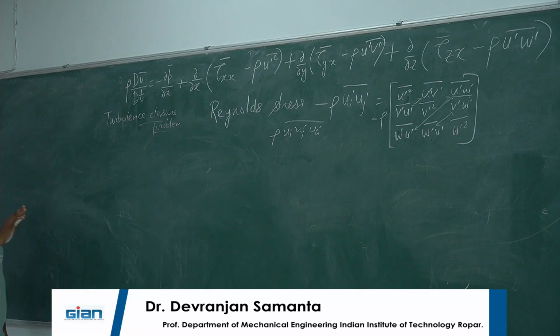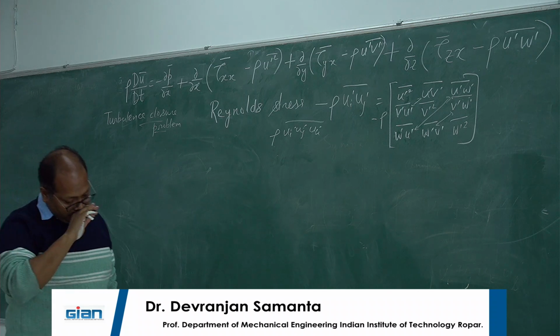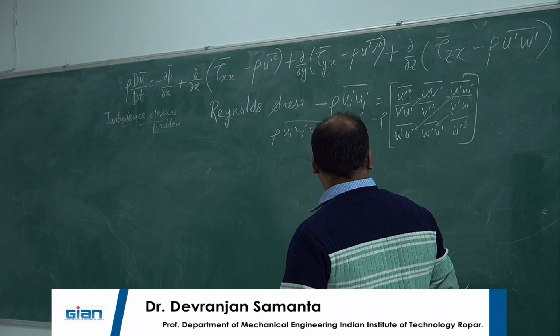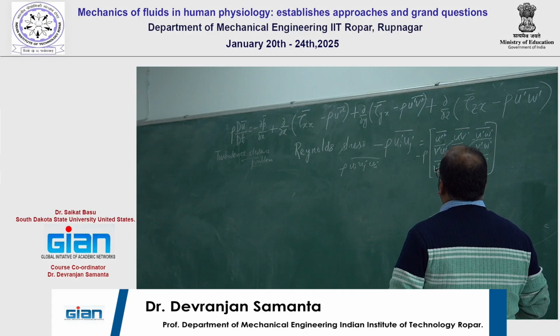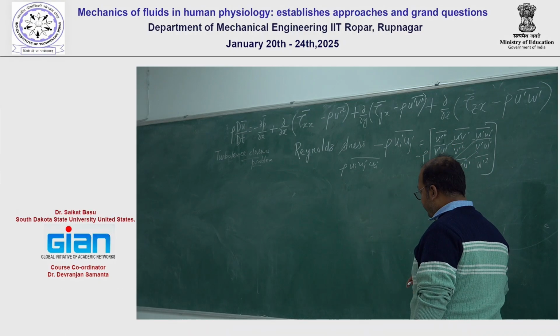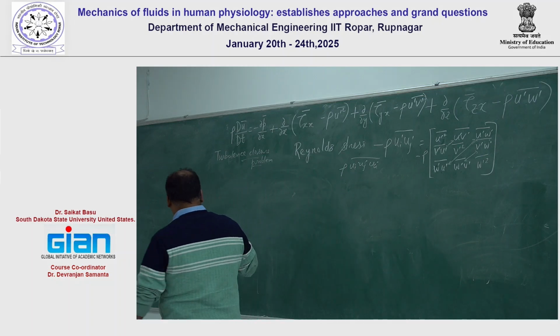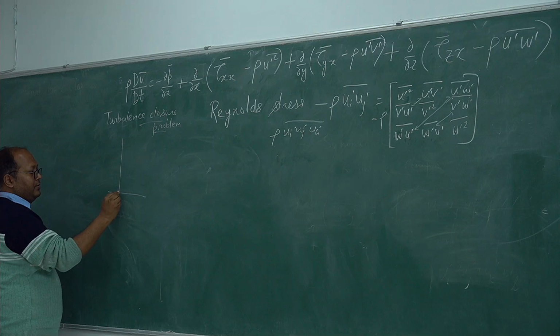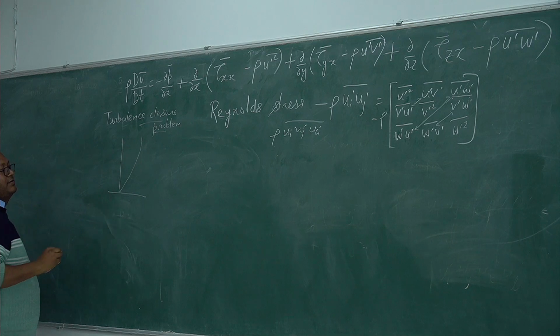That was the last discussion yesterday, and today we will show that these quantities, we anyway know that u dash square, v dash square, w dash square will be the positive terms. But in general, what about minus rho u dash v dash? So a very simplistic model, let's say a flow over a wall where the u direction velocity is a function of y.